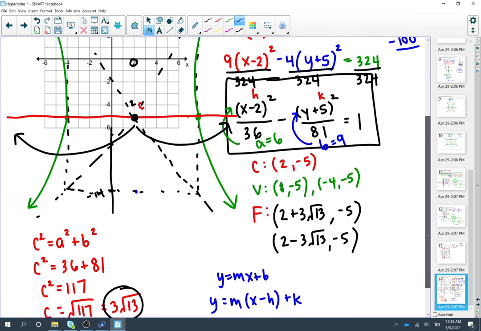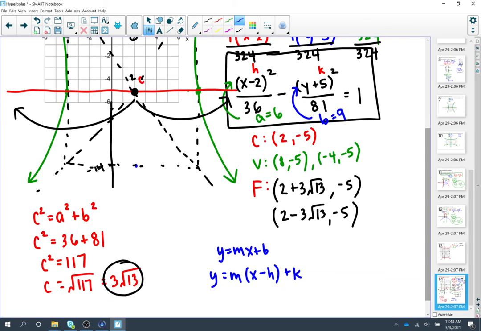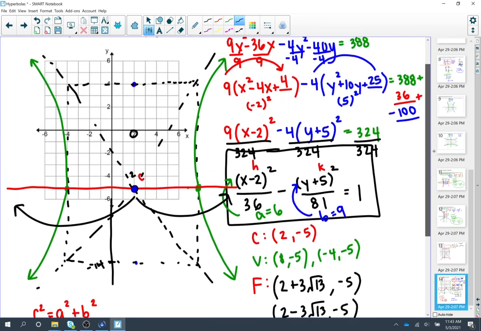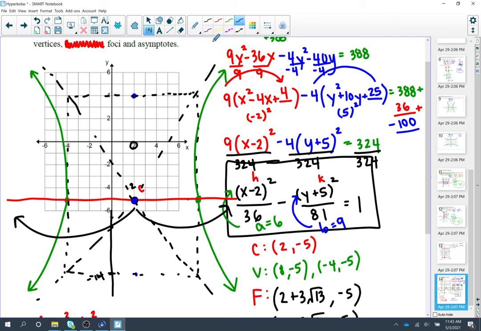Versus if I switch it over to transformational form with an h, k, I just have to worry about the center, and I already know the center is right here at 2, -5, which means we need to find our slope. So from the center, I go up, I go over. So this was my rise. Remember, that's really your B value, which was 9. Then you have your A value, which was 6.